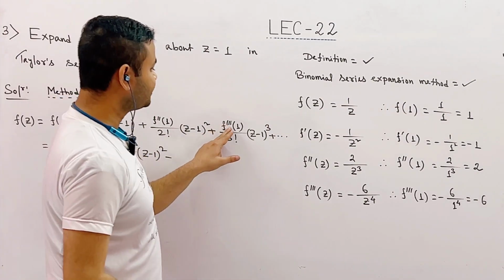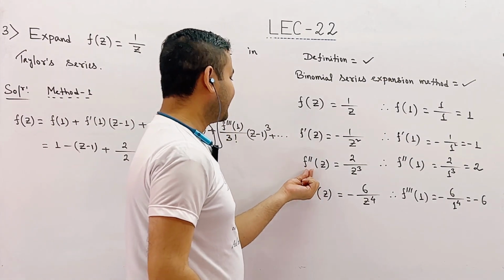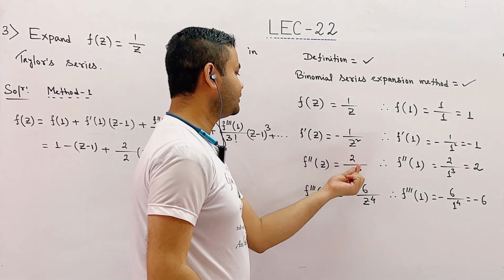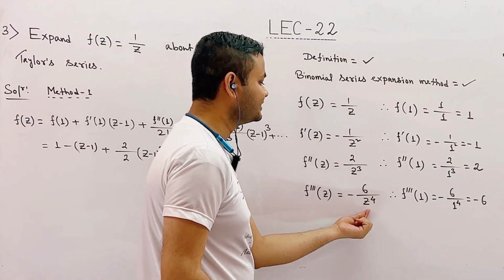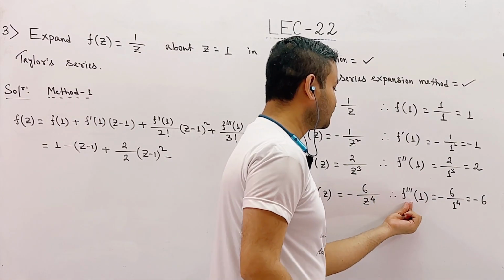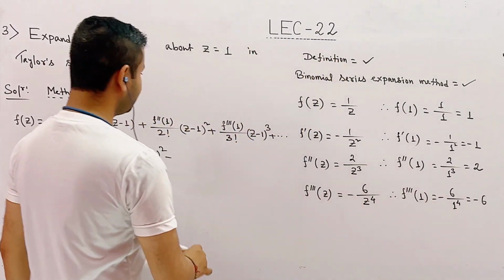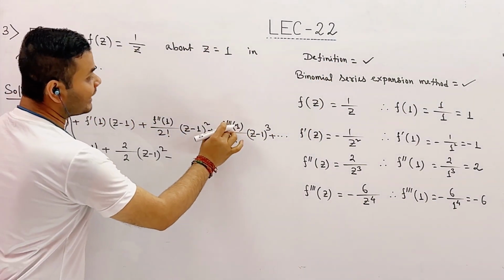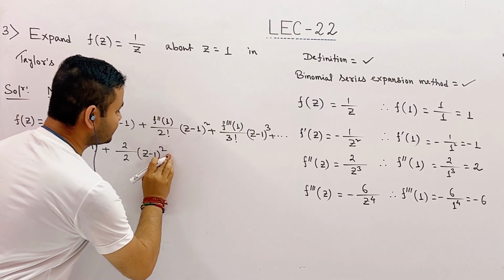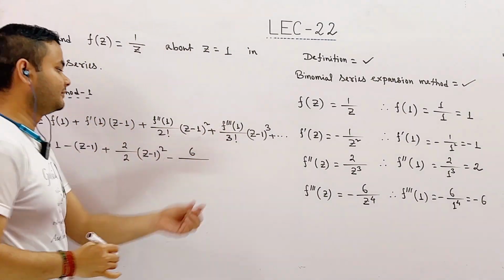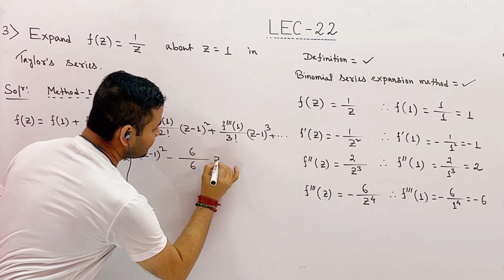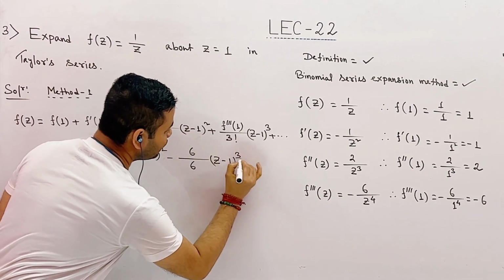Next, f triple prime 1. Since f double prime z is equal to 2 divided by z cube, so f triple prime z will be minus 6 by z to the power 4. So, f triple prime 1 will be minus 6. Let us substitute the value of f triple prime 1 here. So, we will get 6 divided by 3 factorial means 6 into z minus 1 whole cube plus dot dot dot.